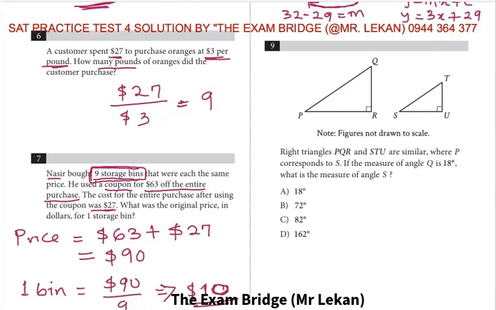Now this is 90, Q is 18. So that means I can get this place easily. If Q is 18, that is this 90 here. This place is 90. So we know that 90 plus 18 will give me 108 degrees.